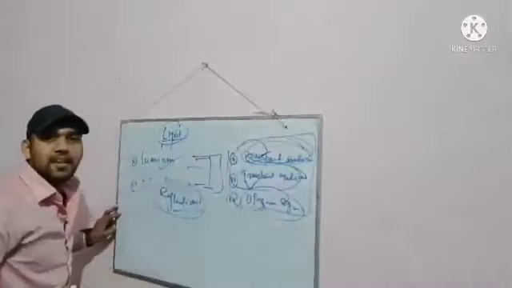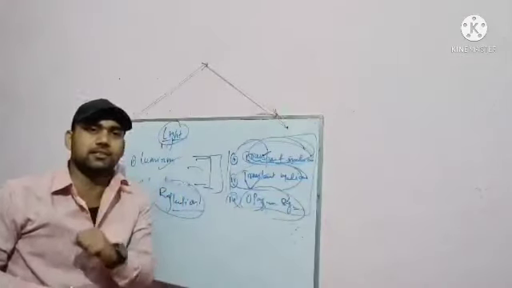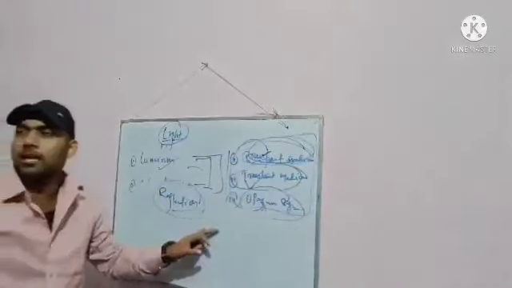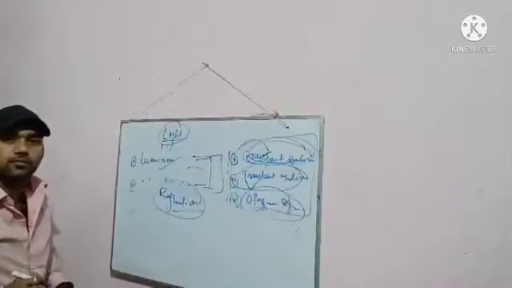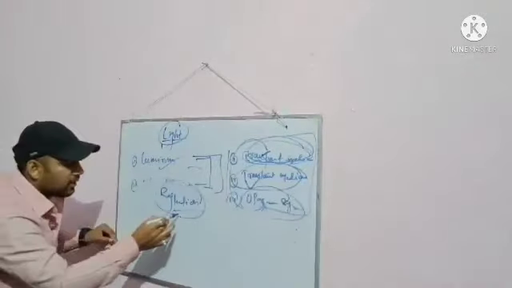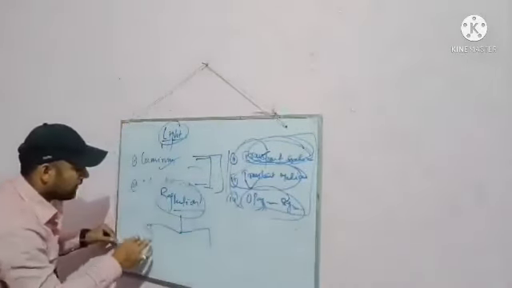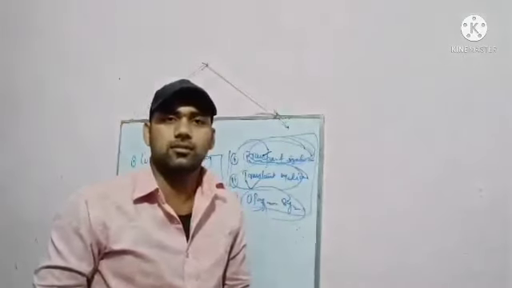Now, what is reflection? The bouncing back of light from a plane surface, or a regular surface, is called reflection. As we know, there are two kinds of reflection. First is regular reflection and second is irregular reflection.